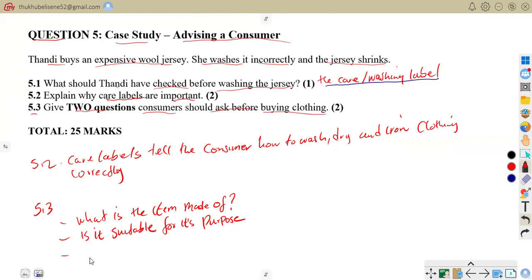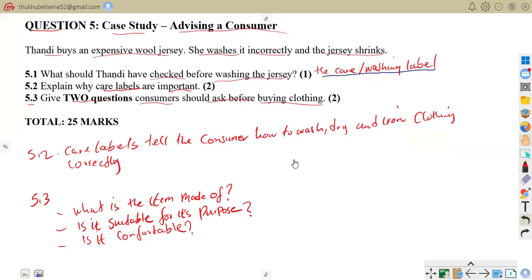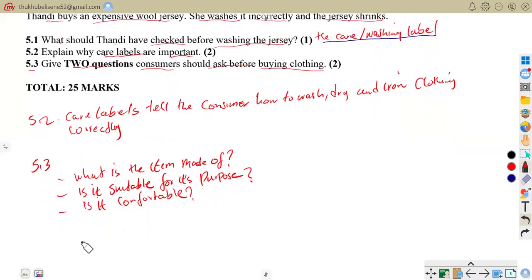The other question is, is it comfortable? That is another question that you can ask. This ensures it feels pleasant to wear. Also, the other question can be, is it durable?